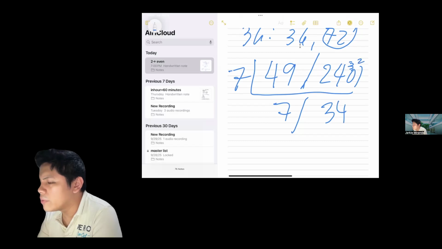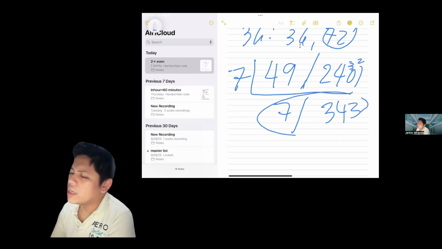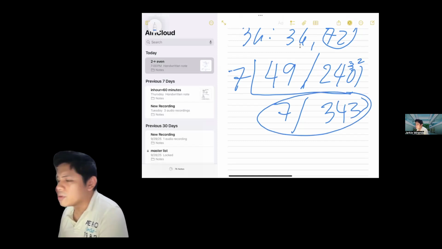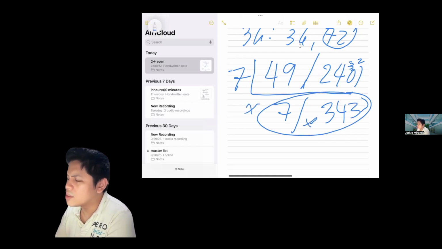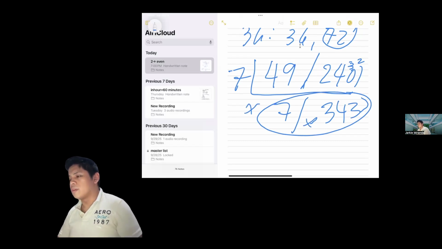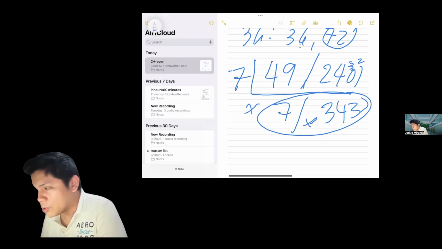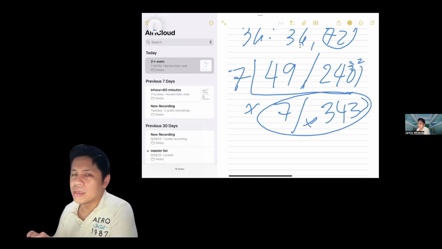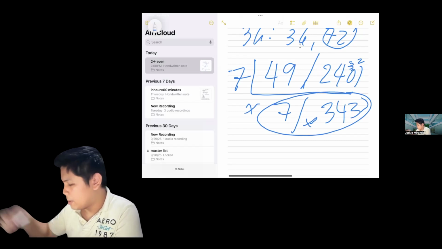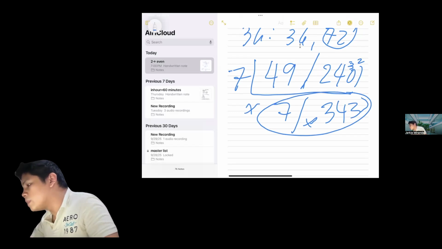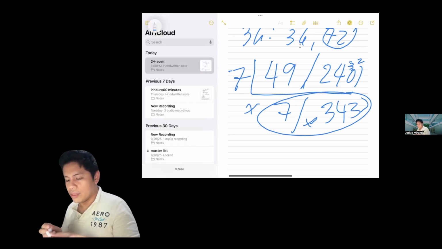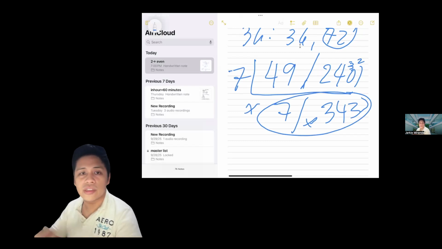So 2401 divided by 7 is 343. So the final answer is 7 over 343. If you're gonna get the LCD, just multiply 7 times 7 and 7 times 343. That I will not anymore determine because that is a very huge number. So I hope you learned from the importance of divisibility rules and how you apply them to fractions.